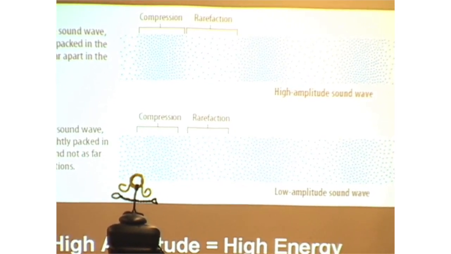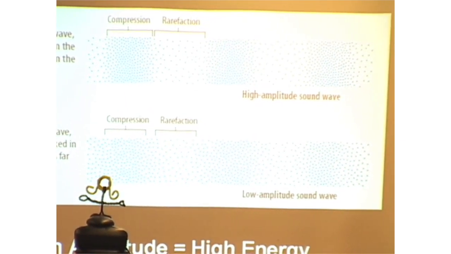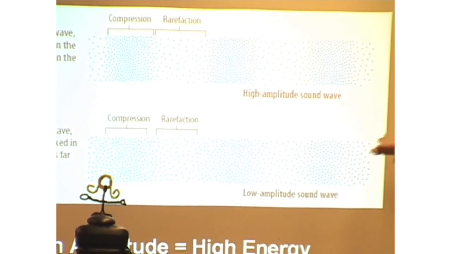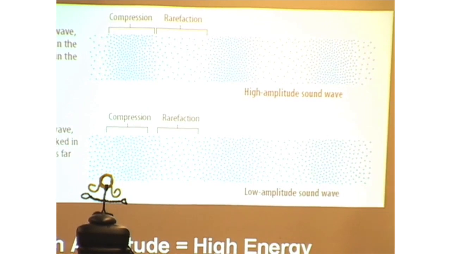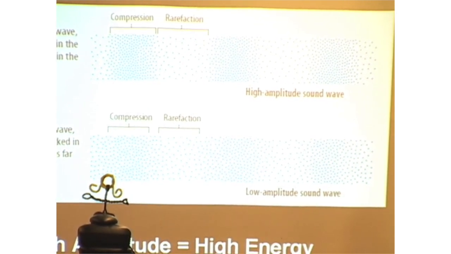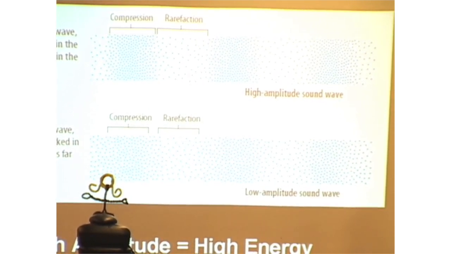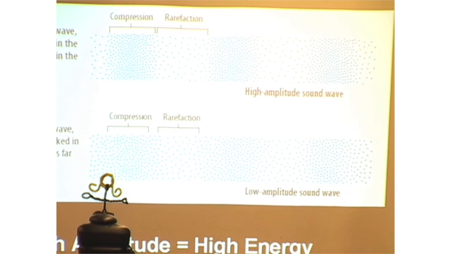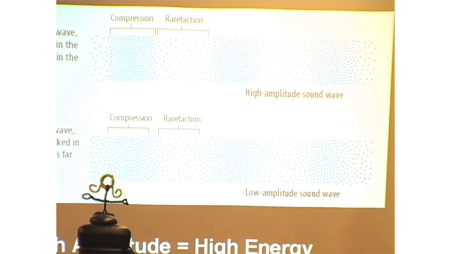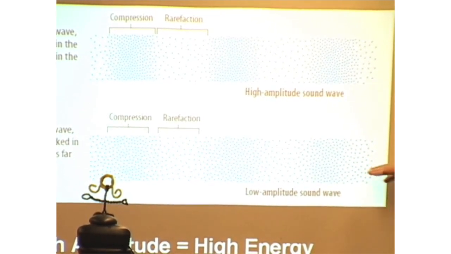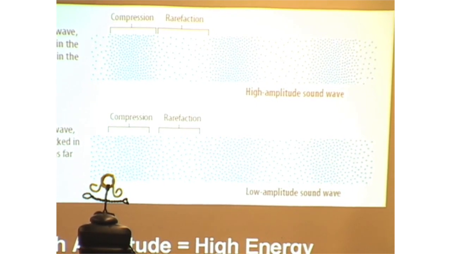So if we look at this, is the wavelength the same or different between these two things? Think back to what wavelength was, the distance between the waves. Is it the same or different? What do you think? A little different.